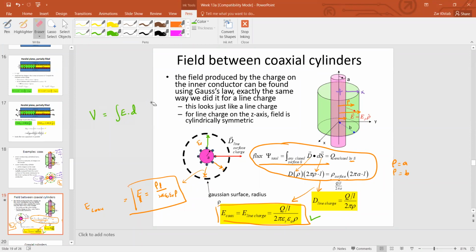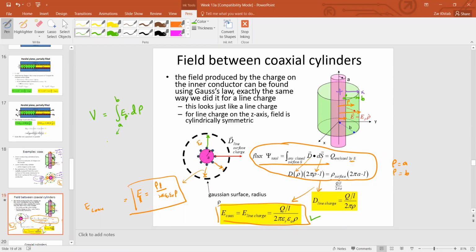In this case, dl is in which direction? In the rho direction, so we have d rho. And the electric field is in which direction? E rho. Okay, and if you move from A to B, this point is A, and the outer point is B.